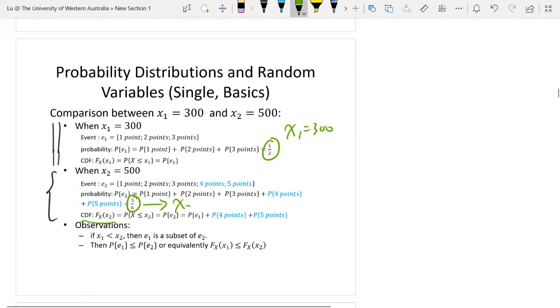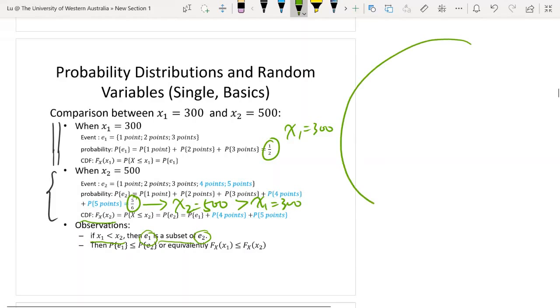When the x2 is 500, which is greater than x1, our CDF function value is increased from 1/2 to 5/6. This indicates that if the x1 is smaller than x2, first of all, the event E1 is a subset of E2, and the CDF function value for x1 is lower or equal to the CDF function value of the x2.